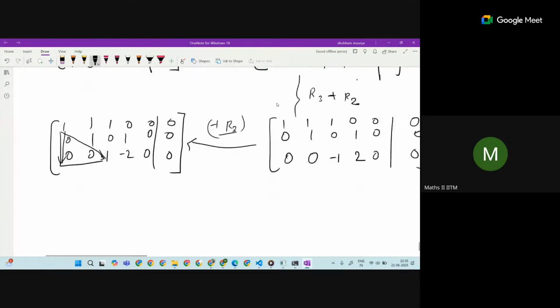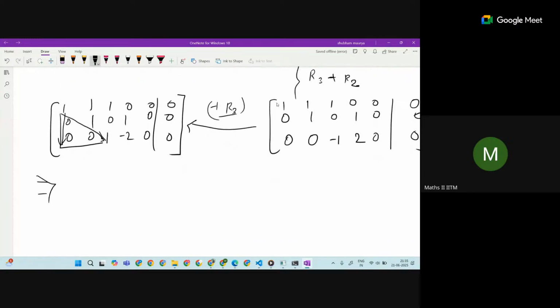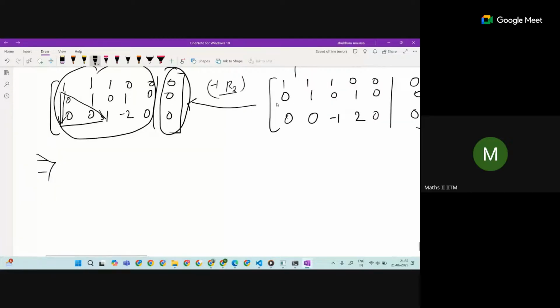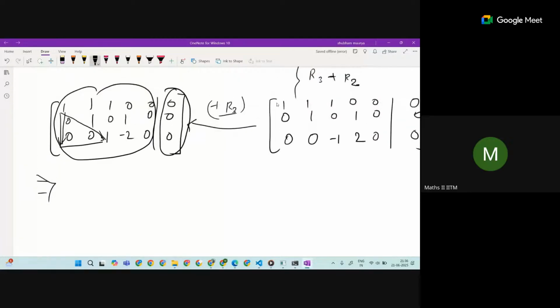Now we can convert back to the system of linear equations. This is your coefficients and this is your right side. The easy way is to write above x, y, z, u and w, and these tell you the coefficients. So the first row gives the first equation: x plus y plus z plus 0 times u plus 0 times w is equal to 0.